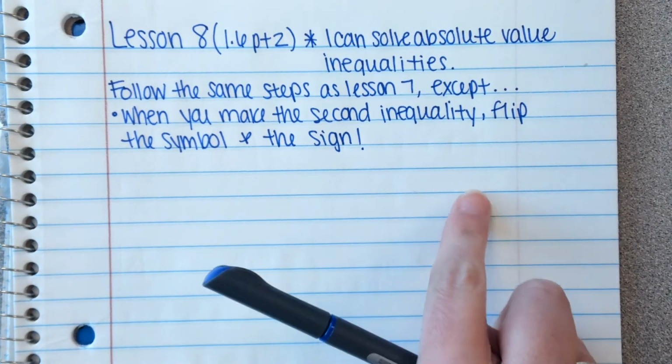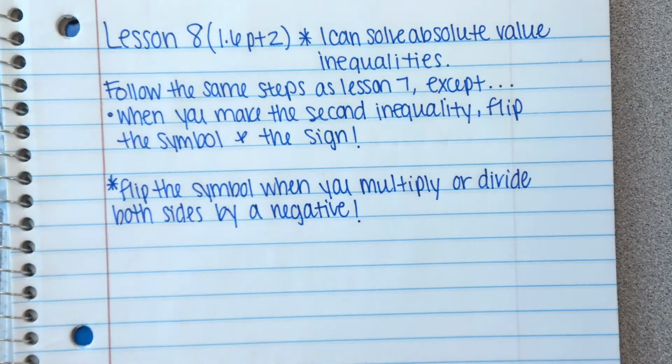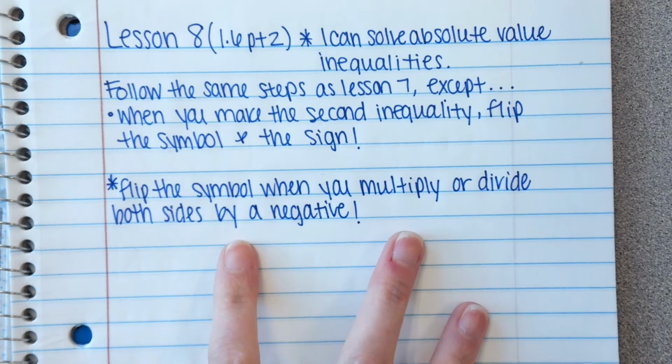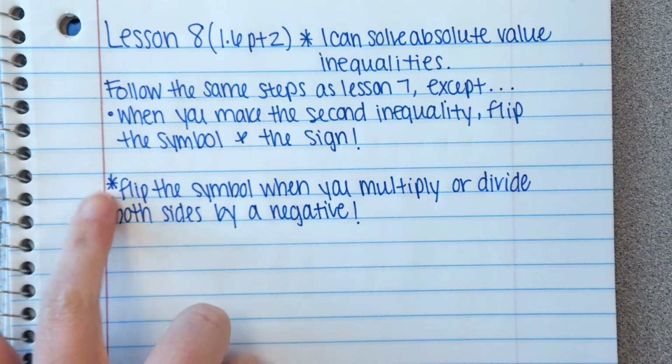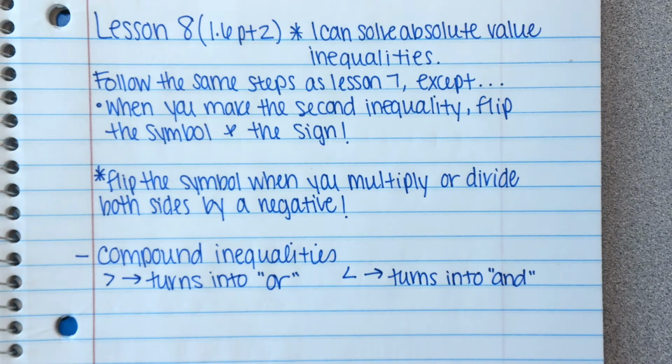So greater than will turn to less than, or less than will turn to greater than. Another thing we need to remember when working with inequalities is that you flip the symbol when you multiply or divide both sides by a negative. So if you're multiplying or dividing both sides by a negative, you have to flip that inequality symbol around.